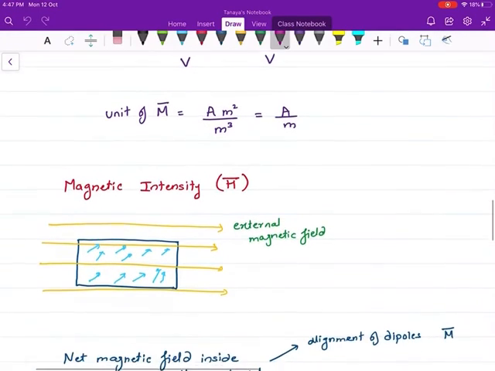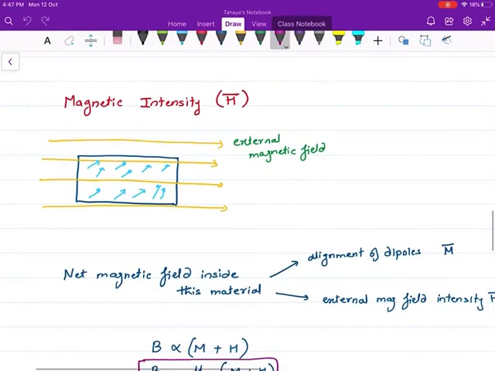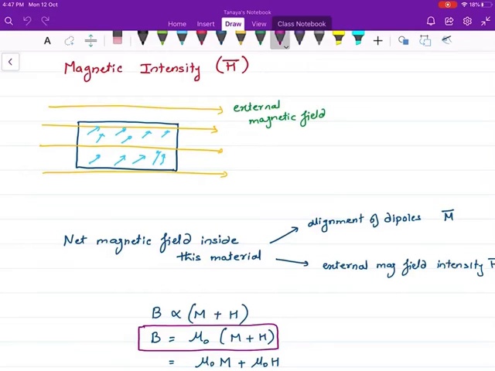Now let's see the next term, that is the magnetic intensity. Understand one thing. We had an external magnetic field which is causing this magnetization. Now suppose I want to measure the net magnetic field inside this material.